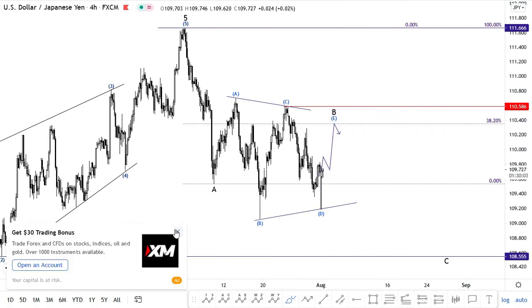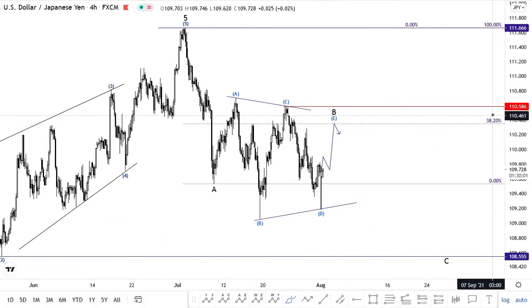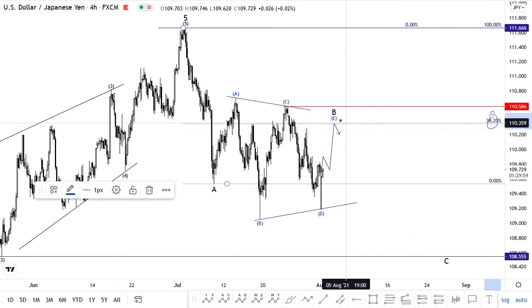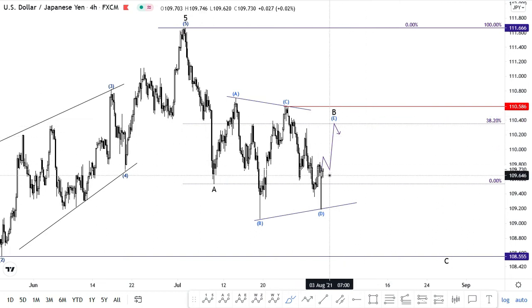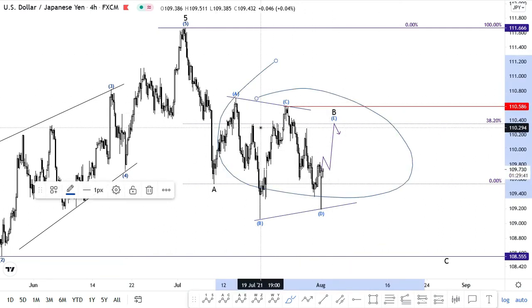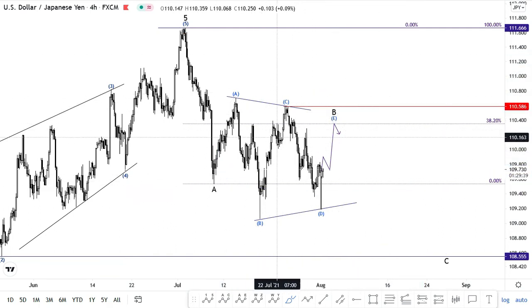I'm hoping that price might hold at around the 38.2 level, keeping in mind that if price breaks this invalidation level, then I have to cancel out the thought of this price pattern being a triangle, because we know that the swings of a triangle do not overlap.